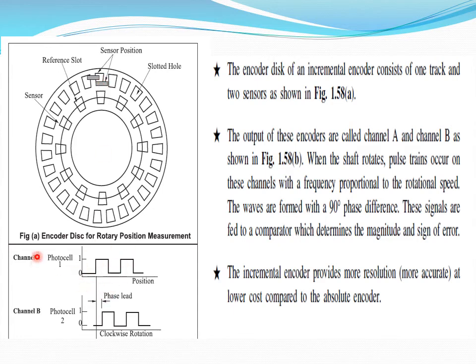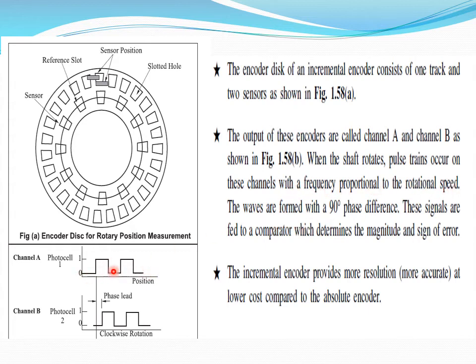Because there are two sensors, it has two channels, channel A and B. When the shaft rotates, pulse trains occur on these channels with a frequency proportional to the rotational speed.